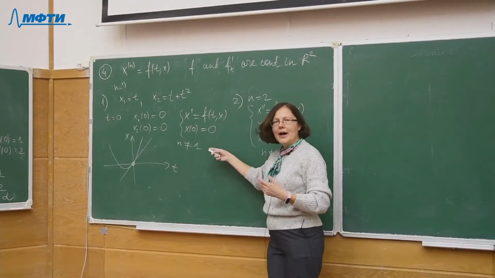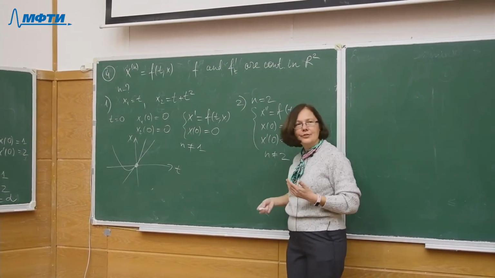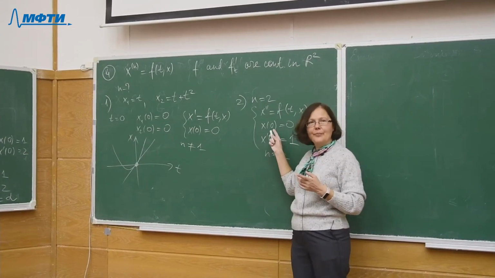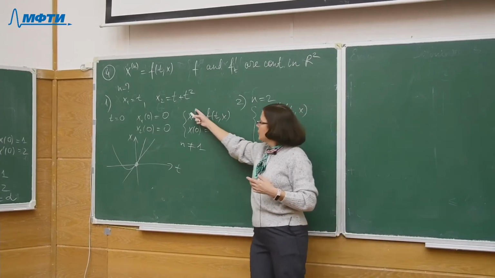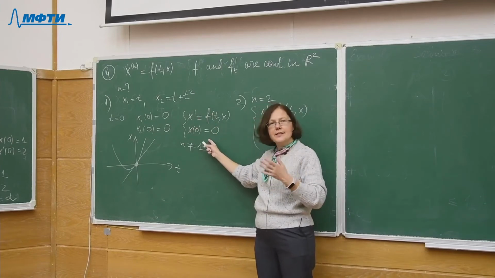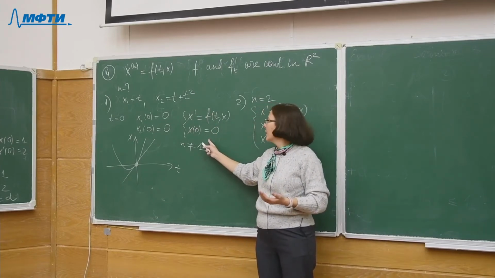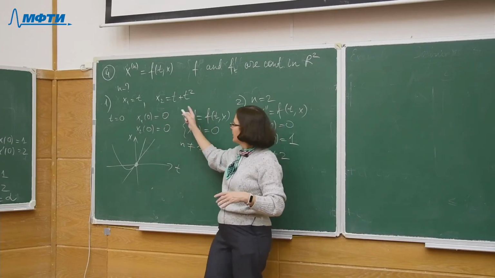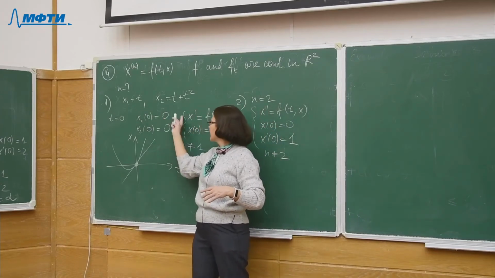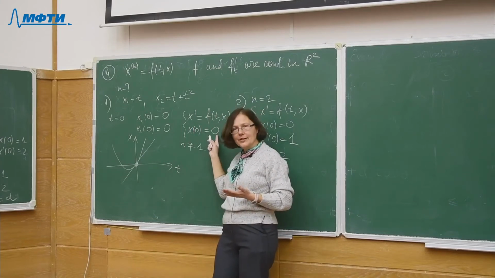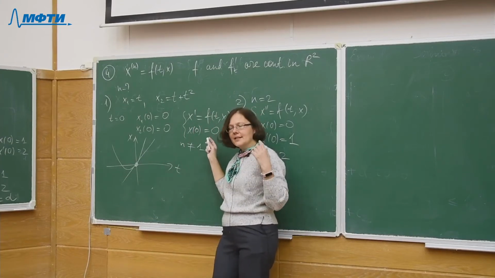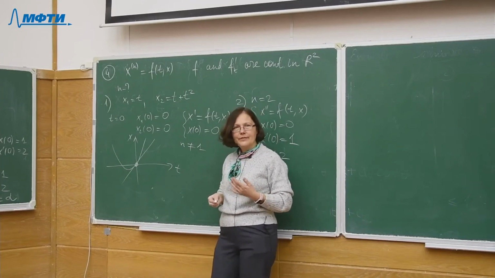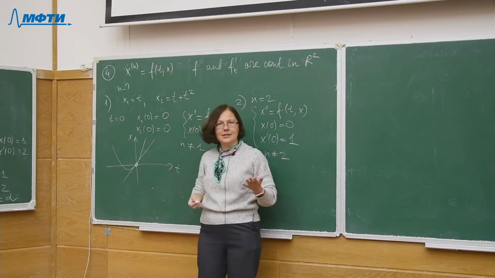So if we apply the Picard-Lindelof theorem to our situation, it says that locally in the neighborhood of 0, the solution of this initial value problem exists and is unique. But we don't know f, and we can see that these two functions satisfy this initial condition. But this contradicts the uniqueness of the solution, because these are two different solutions.